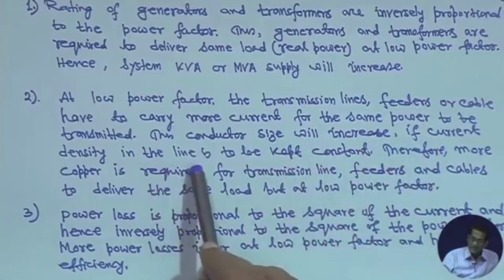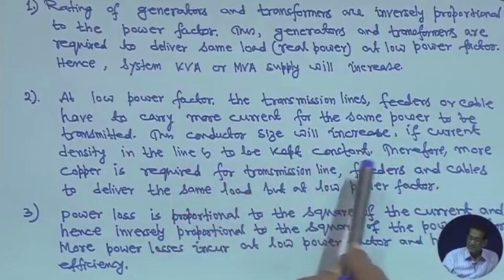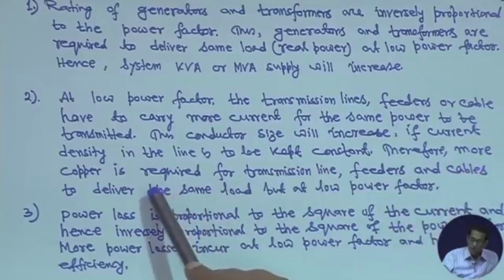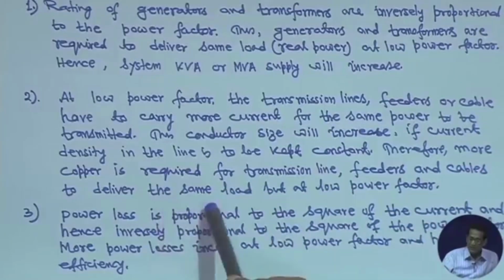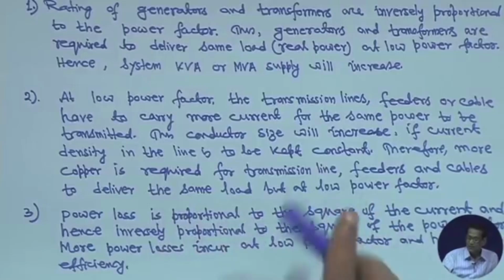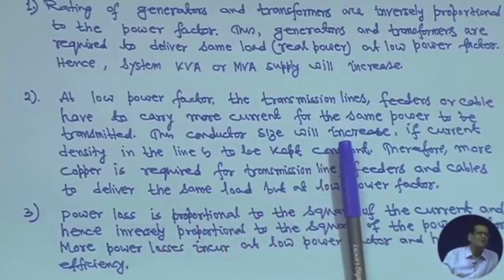If current density in the line is to be kept constant, more copper is required for transmission lines, feeders and cables to deliver the same load, but at low power factor. That means, at low power factor, current will be high.